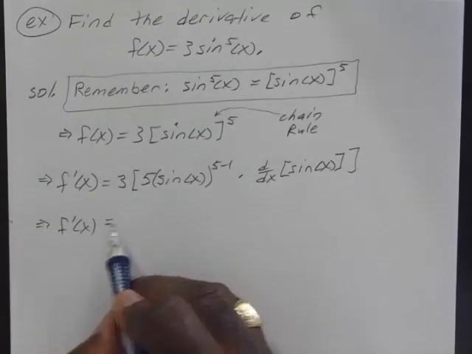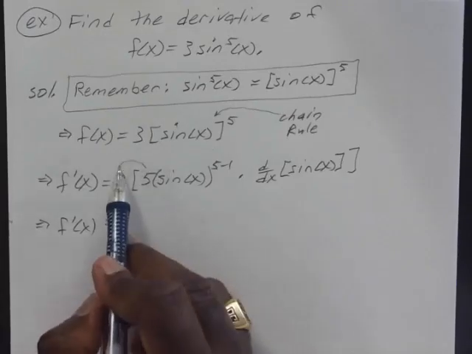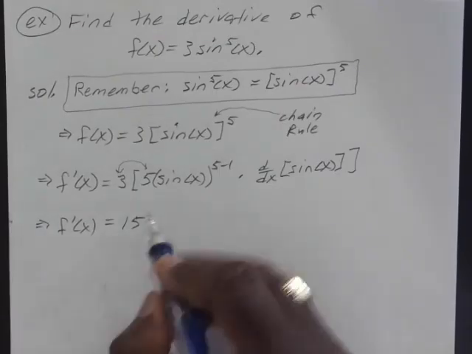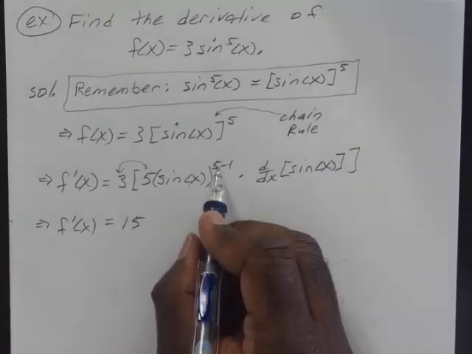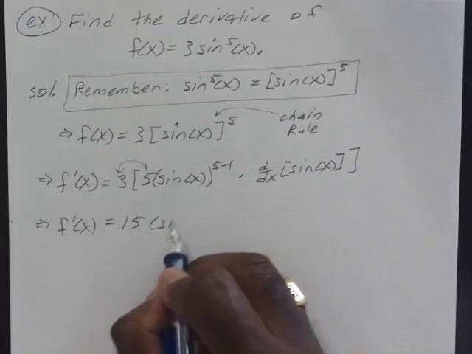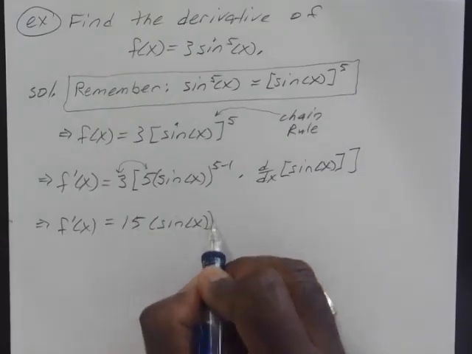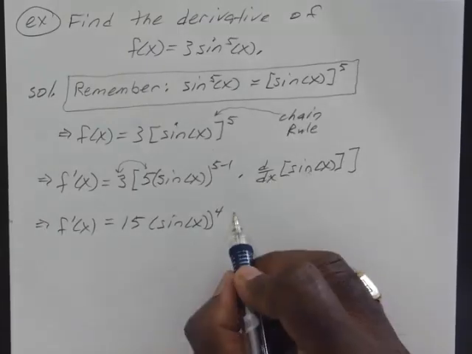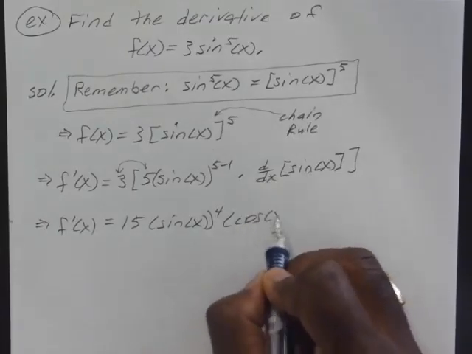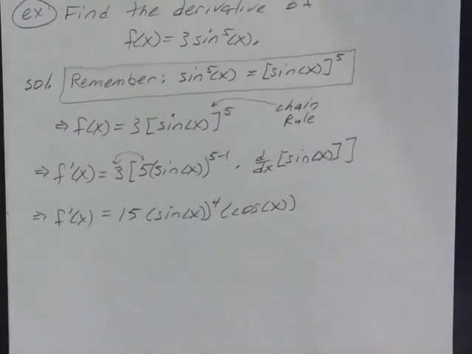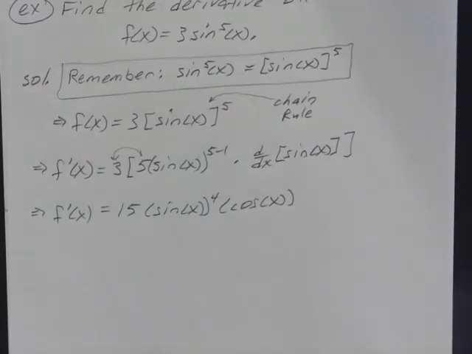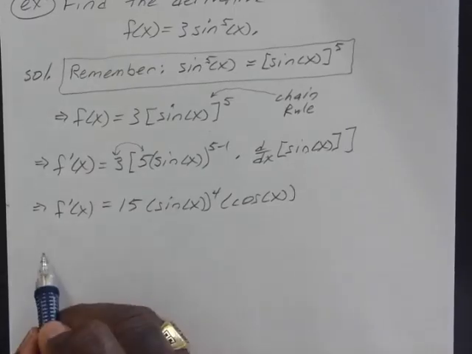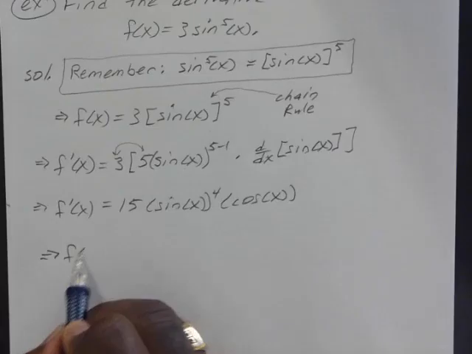So it means our f prime of x, and we can go ahead and multiply this 3 times 5. And that gives us 15 times sine of x to the 4th power times the derivative of sine, which is cosine. So we can leave it like that, or we could rewrite it in a more familiar notation.